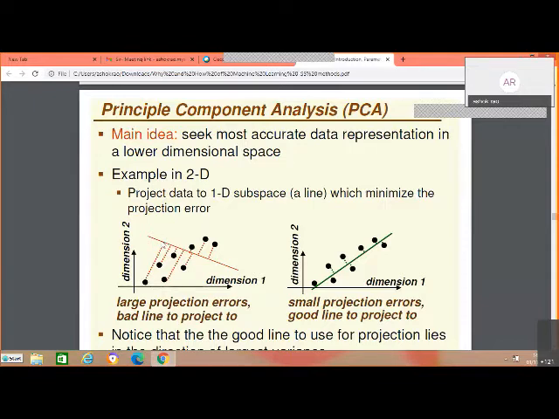Suppose I put it on one line, I don't have to give 2 coordinates. If I give one coordinate, the x value, the y value is immediately picked up because the line y equal to mx plus c is already there. Therefore, the idea of putting a line here in one dimension is to give me a 50% reduction.